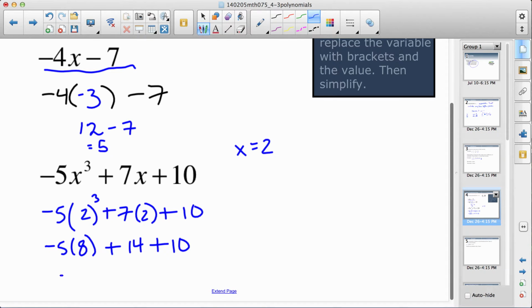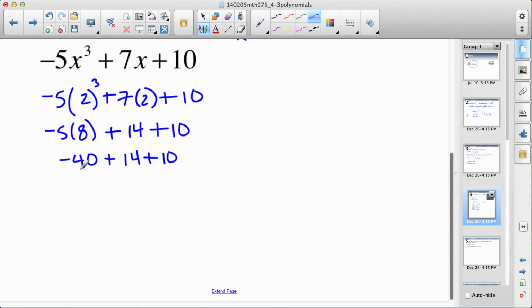Minus 5 times 8 would be minus 40 plus 14 plus 10. Okay, minus 40 plus 14, I think that's negative 26 plus 10. Down 26, gain 10. I'm still going to be in the hole 16, so negative 16. So the value of this expression when x is equal to 2 is a negative 16.